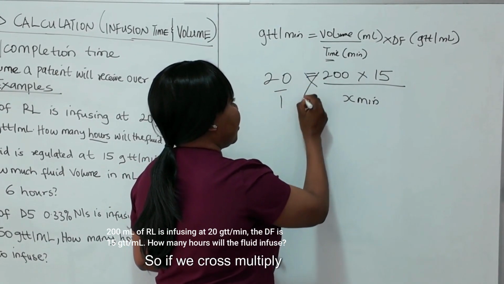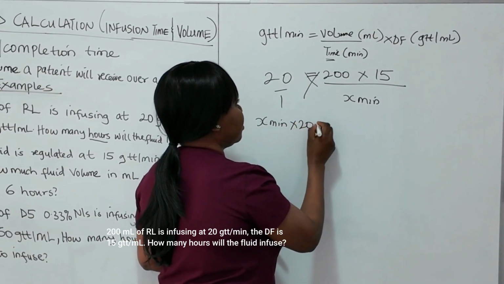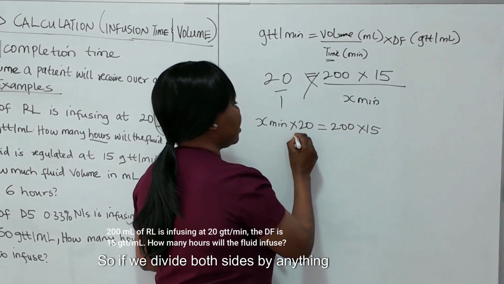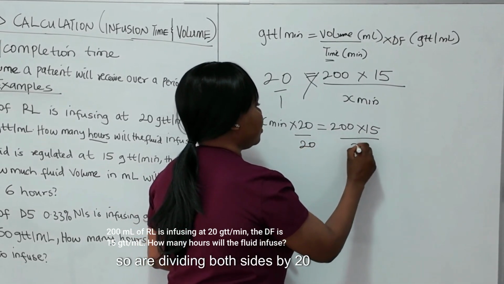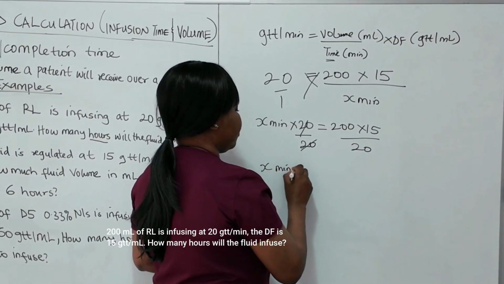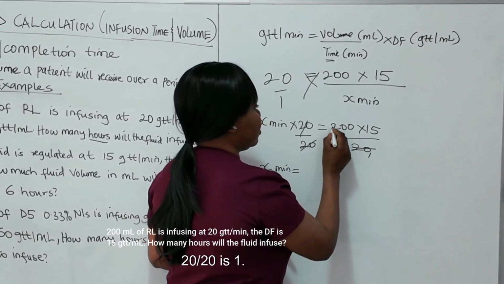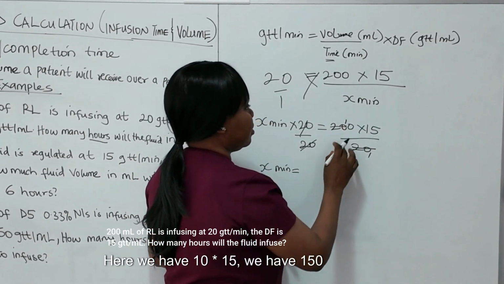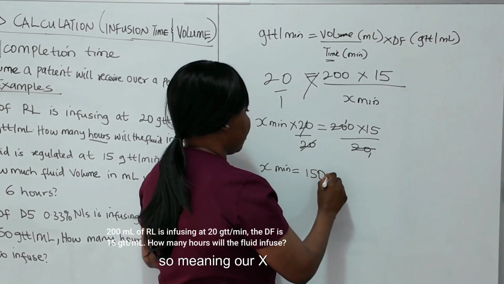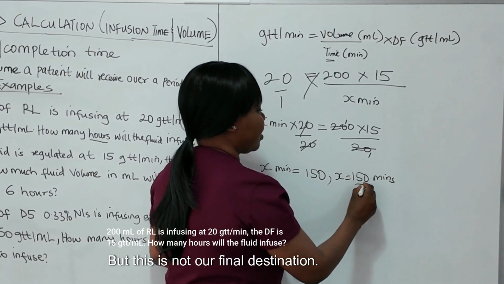If we cross multiply, we have x in minutes times 20 equals 200 times 15. We divide both sides by anything attached to x, so by 20. So x in minutes is 10 times 15, which is 150. Meaning x is 150 minutes. But this is not our final destination.